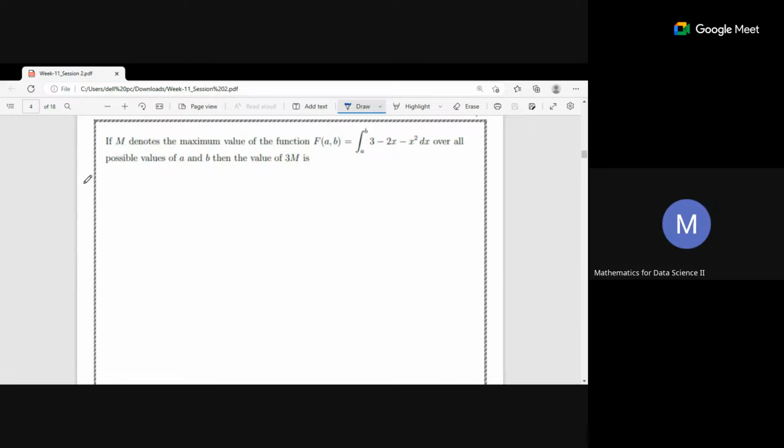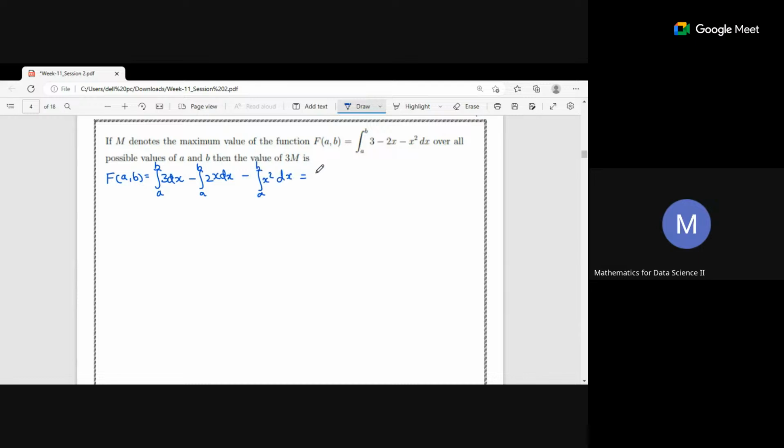First of all, we have to do this integration. So let us do the integration and get what is the function f of a comma b. Integral a to b 3 dx minus integral a to b 2x dx. I'm just splitting the integration; if it's not required, you can do it straightforwardly.